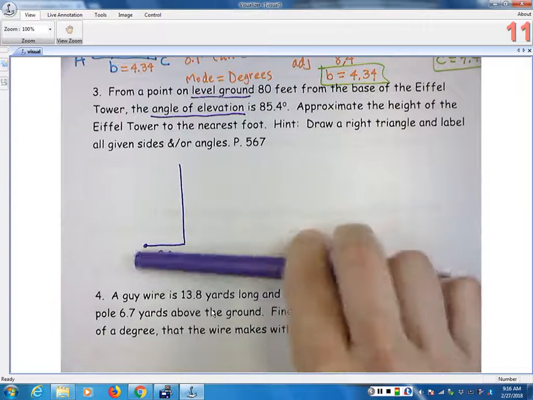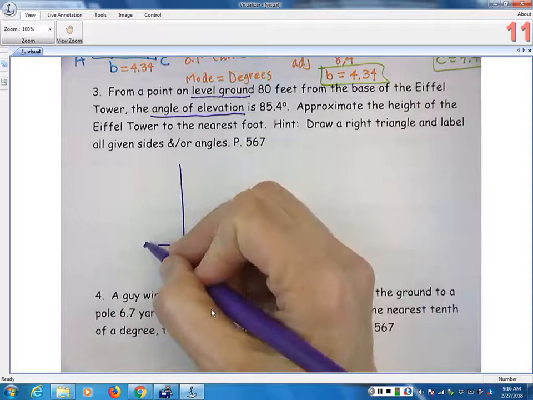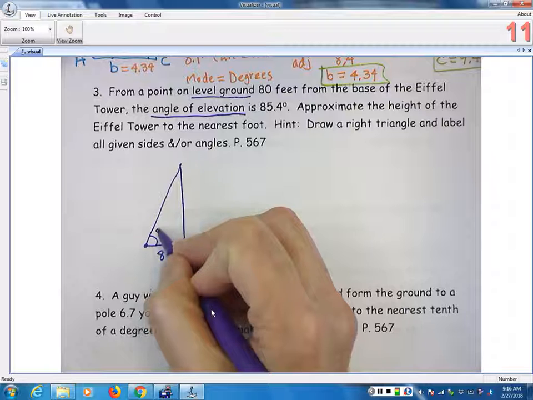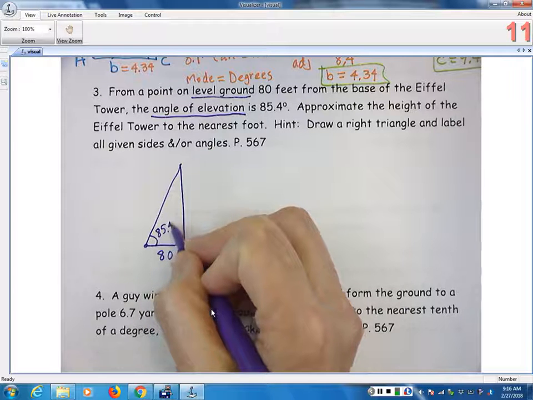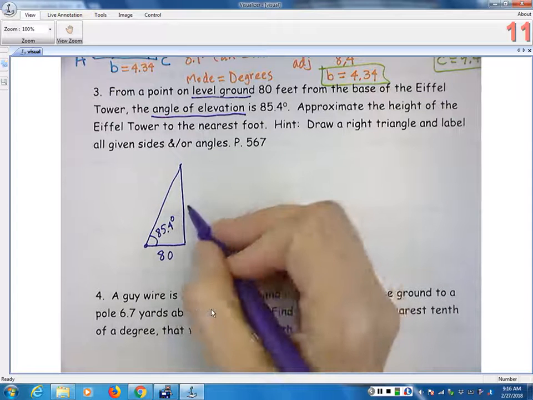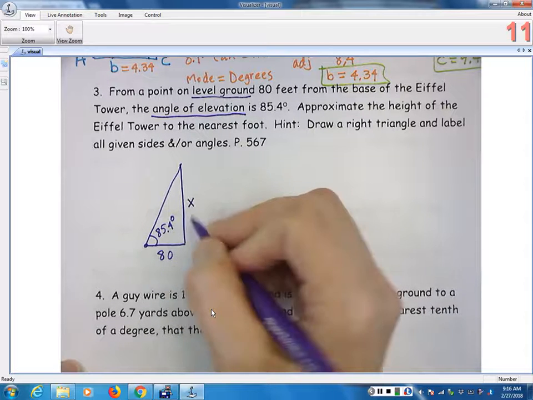That's the angle from the horizon up. So this is the angle of elevation, 85.4 degrees. Approximate the height of the Eiffel Tower to the nearest foot. So this is going to be our x.